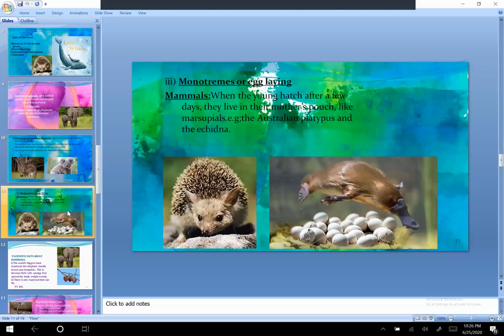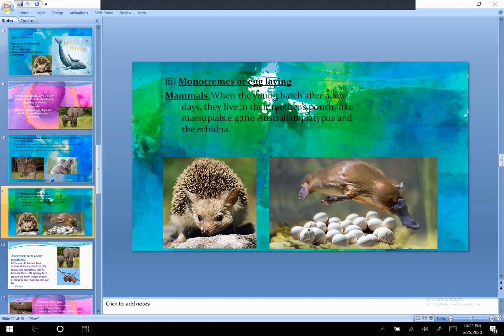Now come to monotremes, or egg-laying mammals. Children, when the young hatch after a few days, they live in their mother's pouch like marsupials. For example, the Australian platypus and echidna. These monotremes are mammals, but they lay eggs.